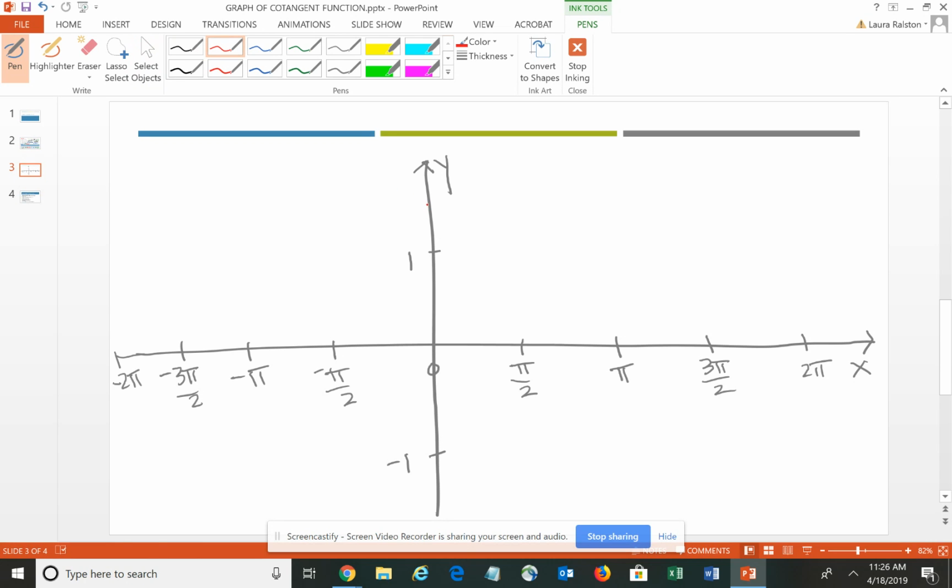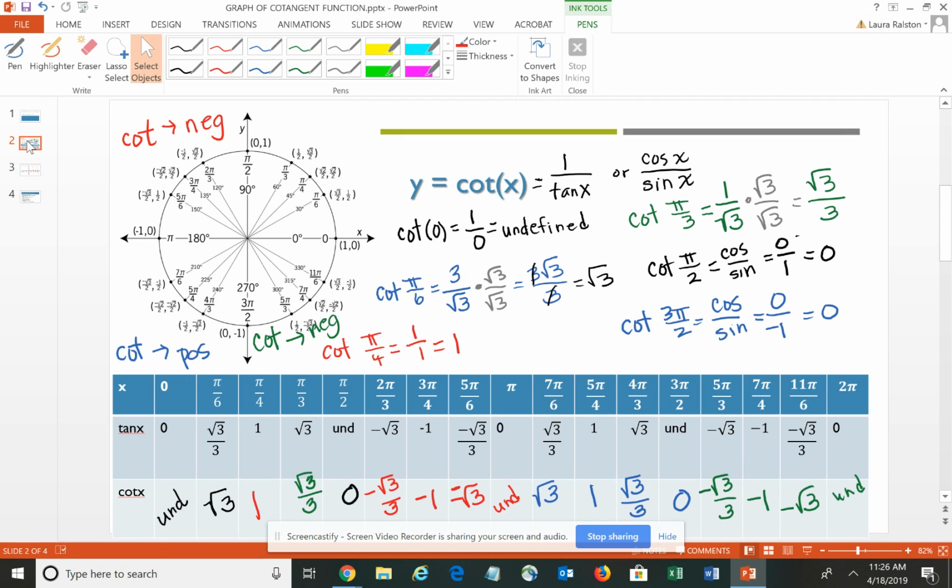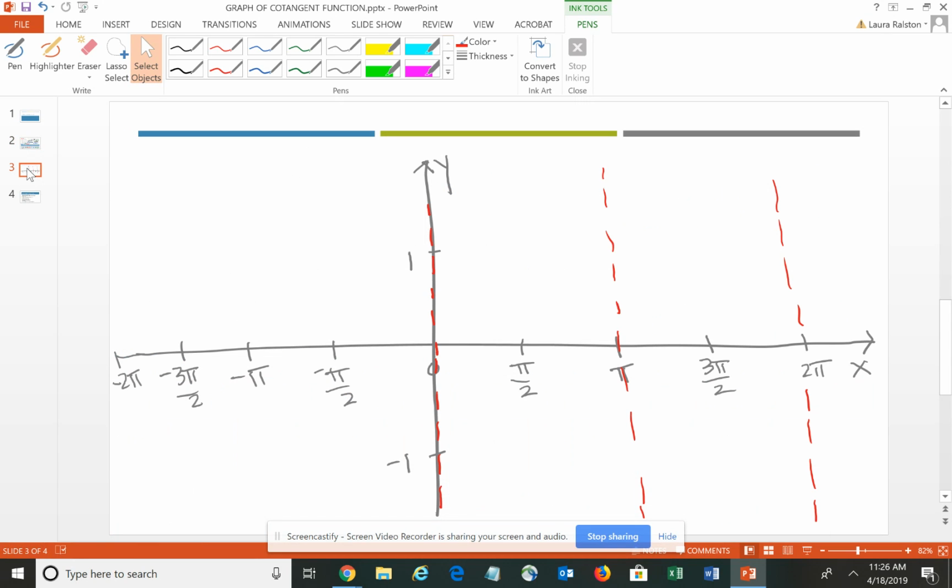So we have an asymptote, it's undefined at 0, it's undefined at pi, and it's undefined at 2 pi. Then if we go back and look at pi halves, we're at 0, and at 3 pi halves, we're at 0.